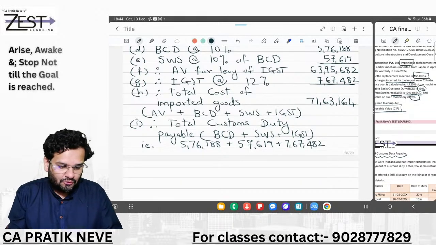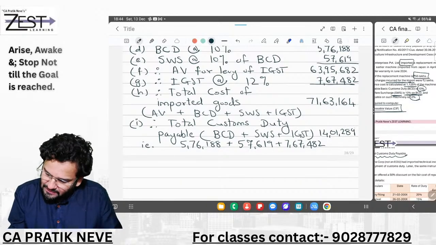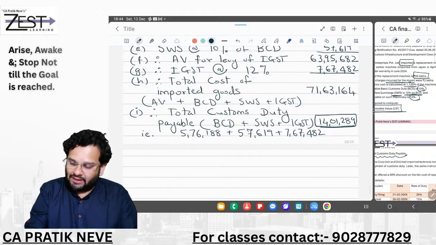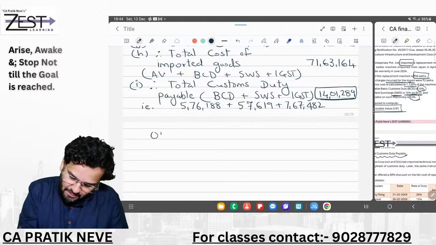So are you getting 14 lakh 1,289? So 14 lakh 1,289 will be your total customs duties payable.